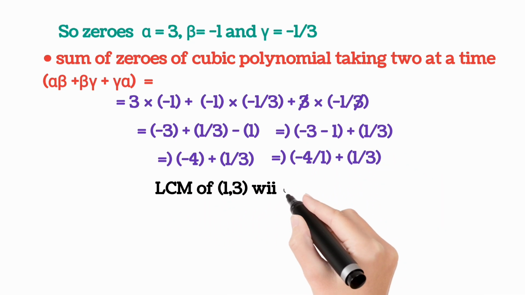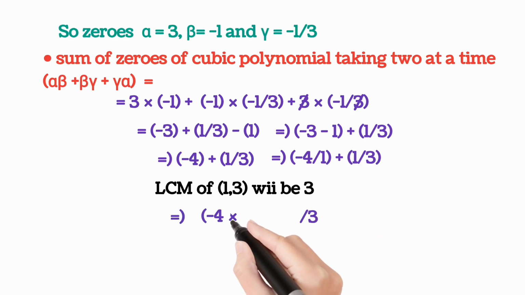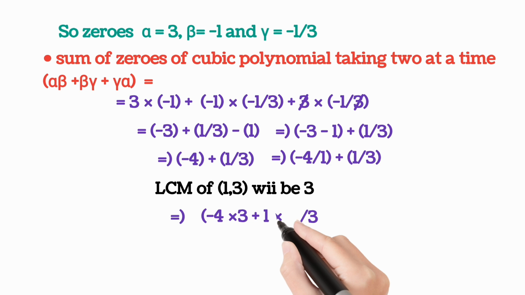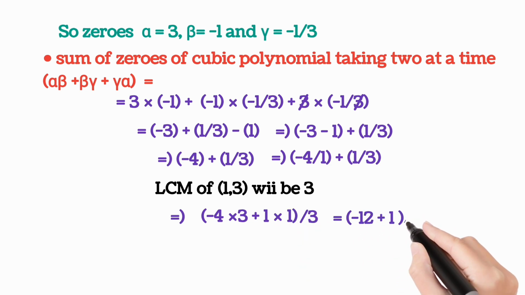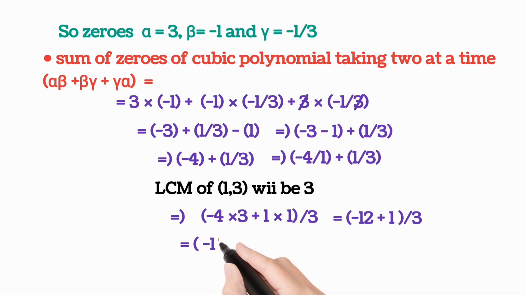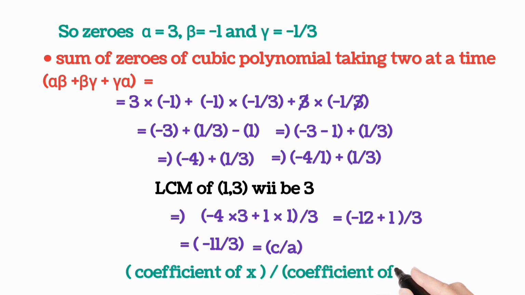LCM of 1 and 3 will be 3. So take LCM 3, then minus 4 into 3 plus 1 into 1, that is equal to minus 12 plus 1 divided by 3, that is equal to minus 11 by 3, that is equal to c by a, coefficient of x divided by coefficient of x cube.